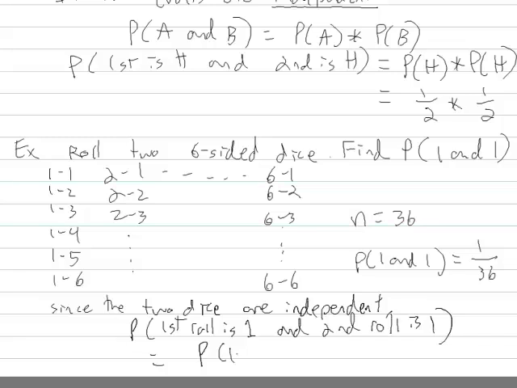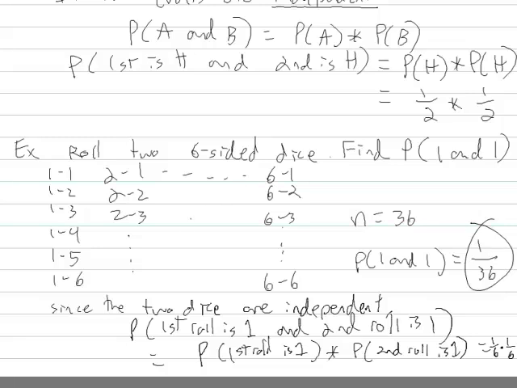So the first roll is a 1 times the probability that the second roll is 1. And of course, if I roll a standard 6-sided die, there's 6 possibilities, and one of them is successfully a 1, so that would be 1/6 times 1/6, which of course is also known as 1/36. So we get the same answer either way.